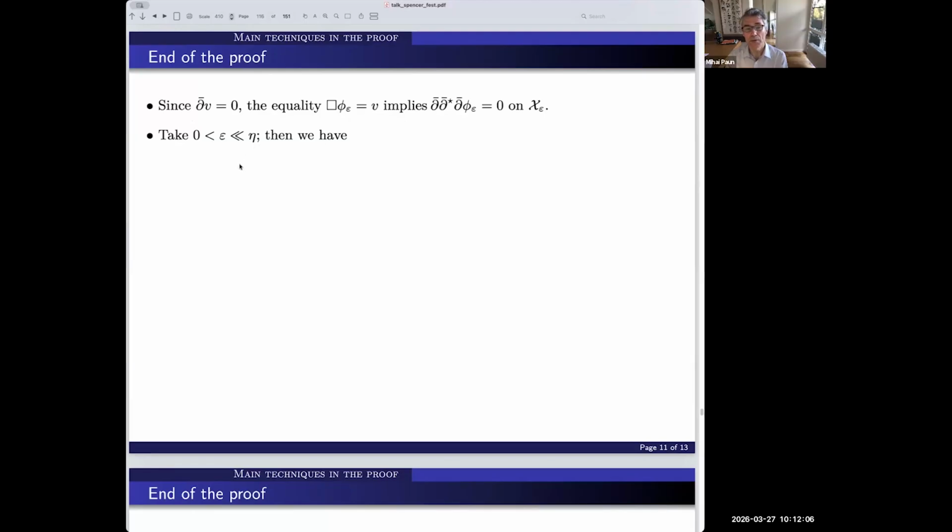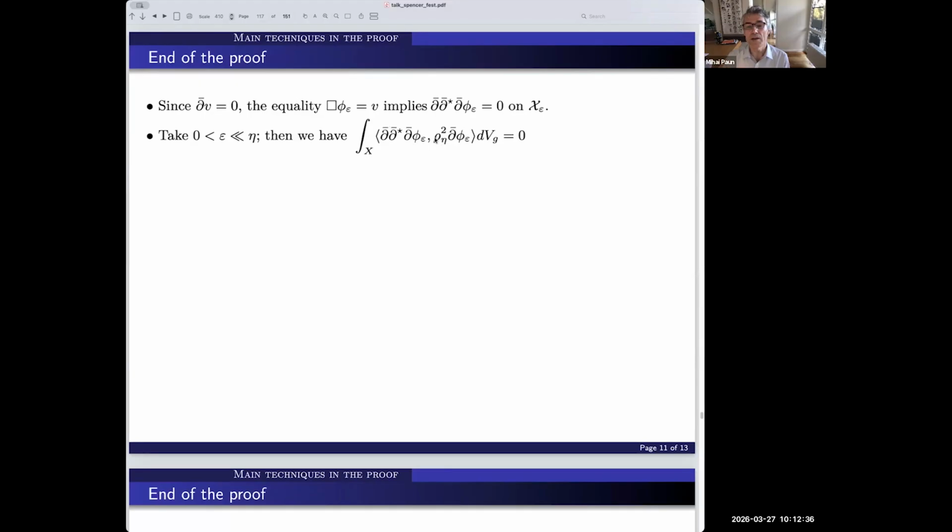Now, what we will do is consider two parameters, epsilon and eta. If epsilon is much smaller than this other one, you can integrate this quantity here against rho eta, the truncation function I was mentioning at the beginning, of Poincaré type, if you want.